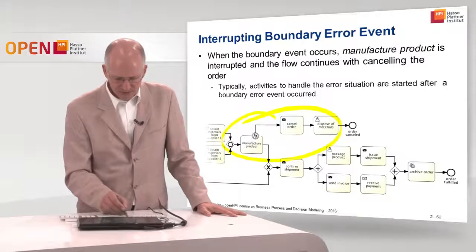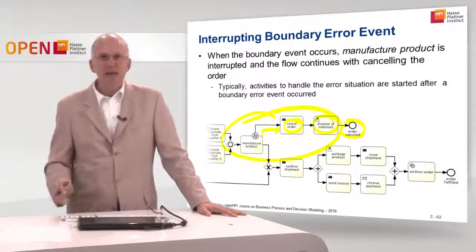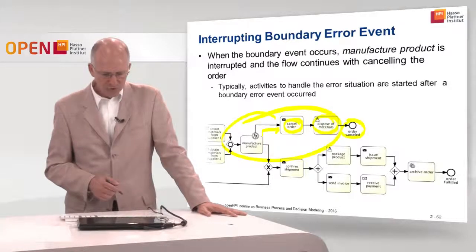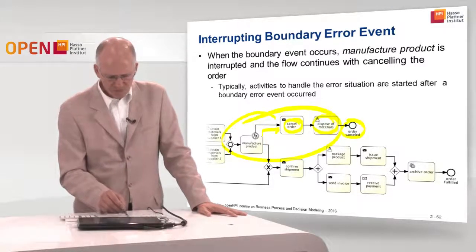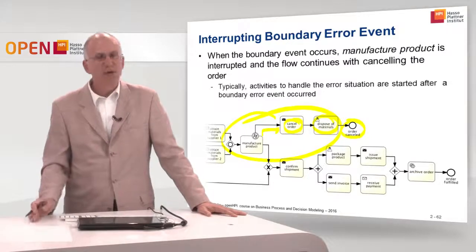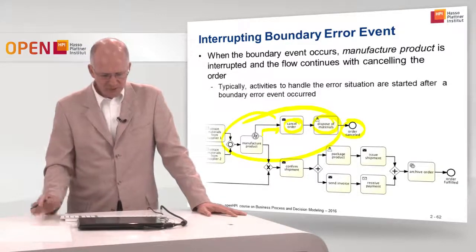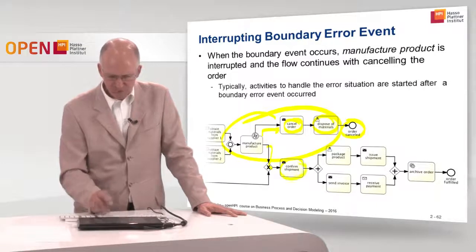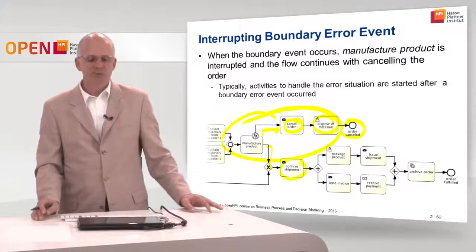So then this exception flow is executed, the order is cancelled, the material is disposed of, and we have the end event that indicates the cancelling of the order. If this error event does not occur while manufactured product is performed, then we just use the outgoing sequence flow, confirm the shipping, and the process continues as specified here.